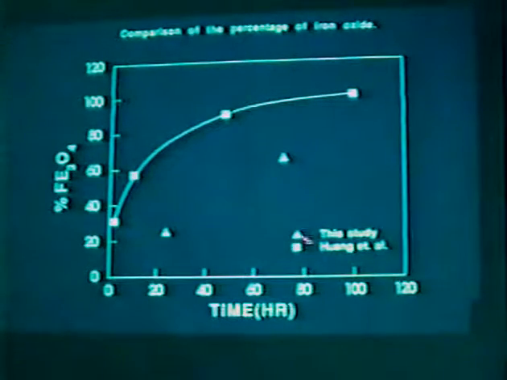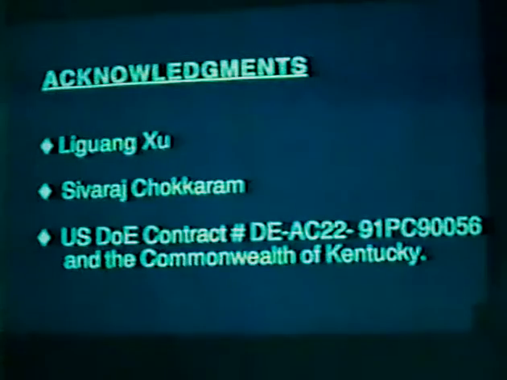Huang et al., my earlier colleague, used the same catalyst and did this Fischer-Tropsch synthesis, and using Mössbauer spectroscopy, he calculated that the percentage of Fe3O4 follows this line, going from about 30% to about 100% Fe3O4 after 100 hours in the stream. This is just a comparison of this.